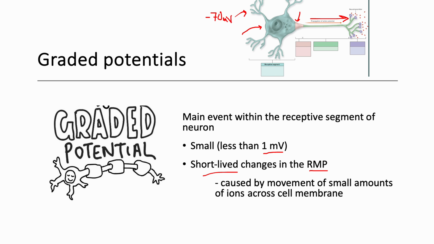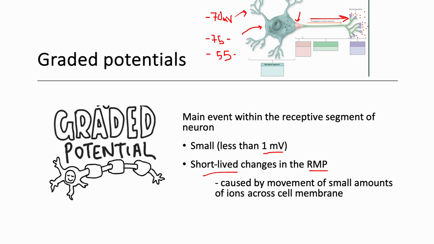So graded potentials are going to be small deviations in our resting membrane potential, meaning we can either become more negative, which moves us away from action potential, or we could become slightly more positive, which is moving us toward action potential. Okay, so small deviations in our resting membrane potential. We can either depolarize or we can hyperpolarize.